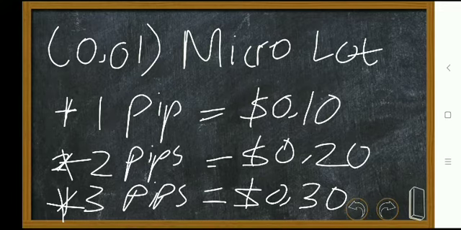So their pip movement might be the same, but as you've just seen, due to their volume size, they won't generate the same amount of money, profit or loss, whichever you happen to make.